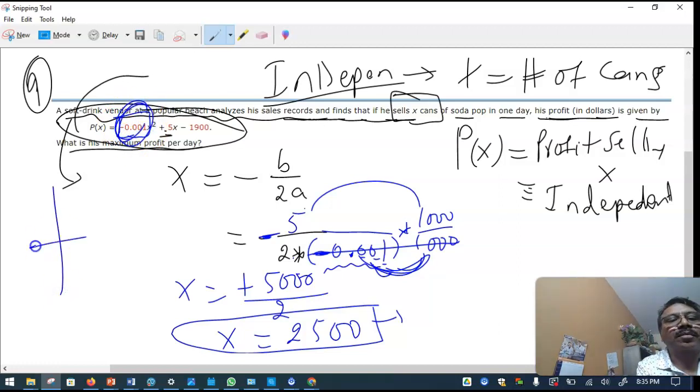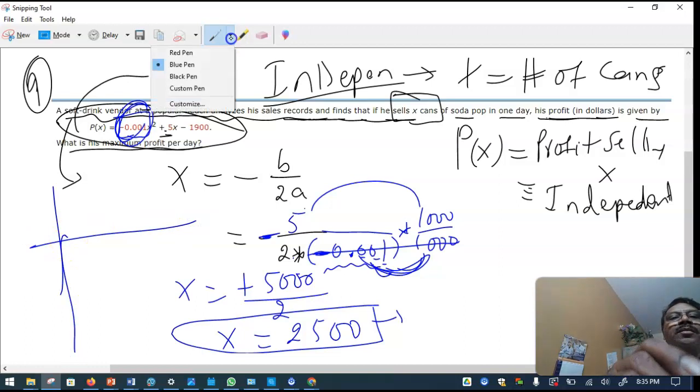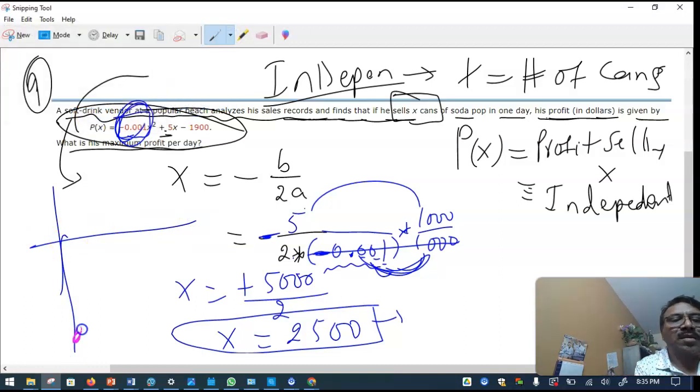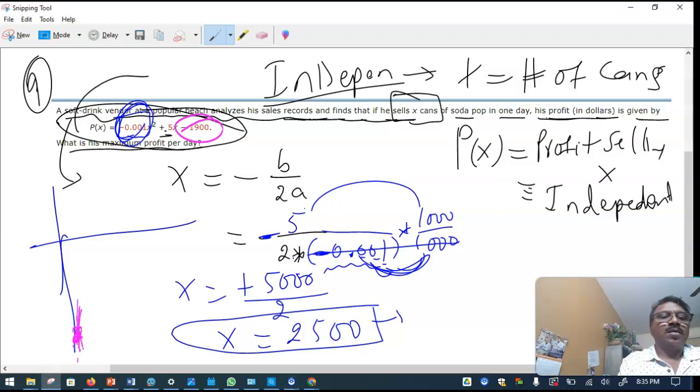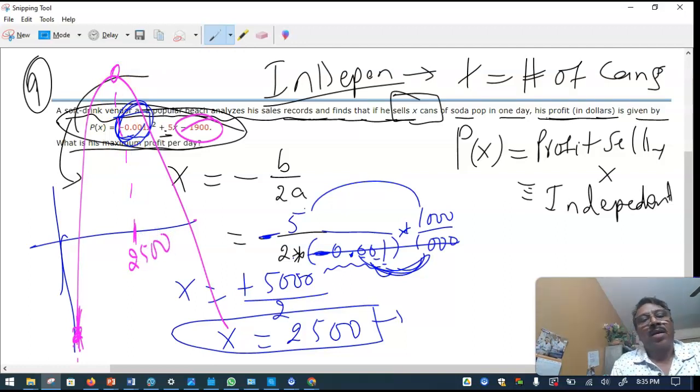This coefficient is negative, so the parabola opens downward, with the vertex at 2,500. If the question only asked how many cans he needs to sell to make the maximum profit, your answer would stop here.